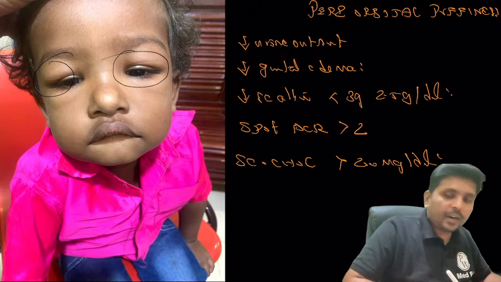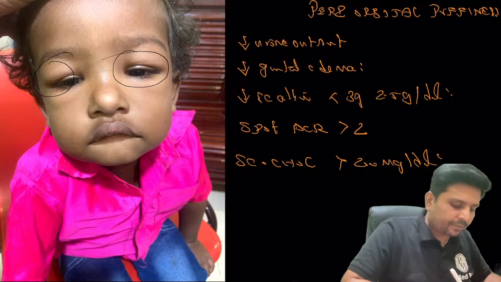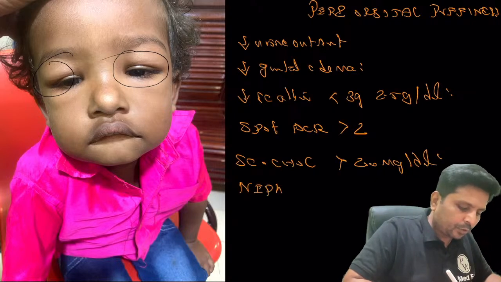What is this? Periorbital puffiness, genital edema, ascites is a feature of nephrotic syndrome.